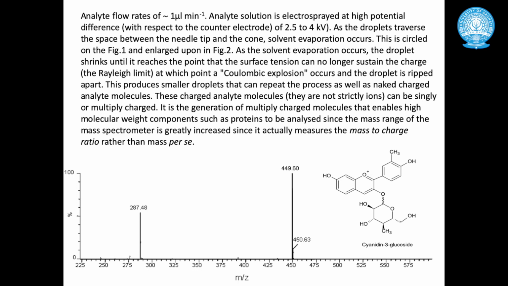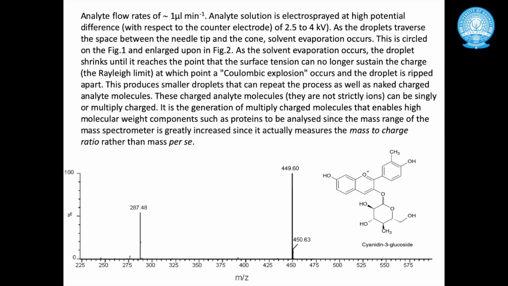Now we know that organic molecules are made of carbon, oxygen, hydrogen and nitrogen. These atoms have their isotopes. So when isotopic masses are considered, there will be some difference in the overall mass of the compound being studied.